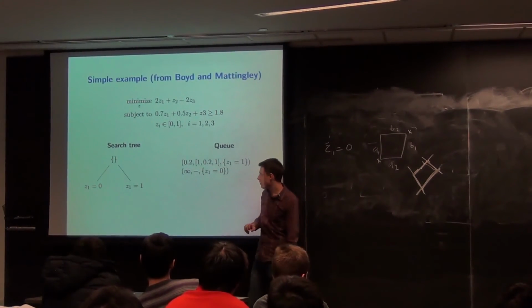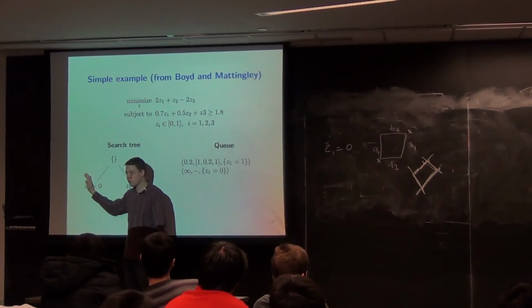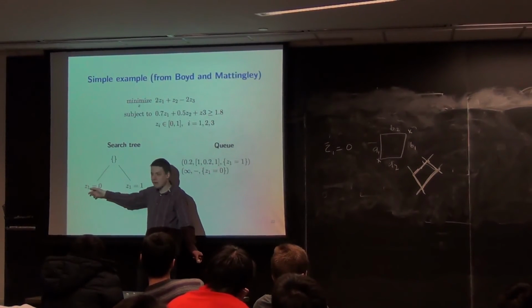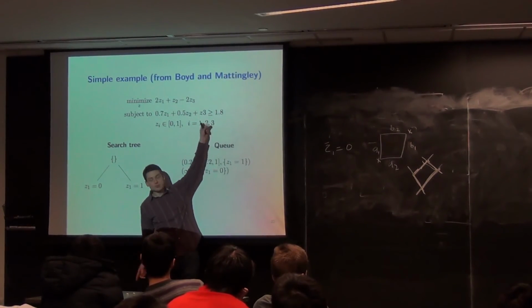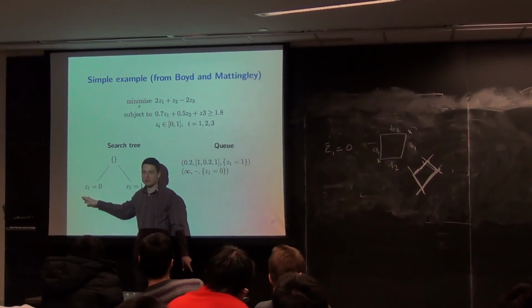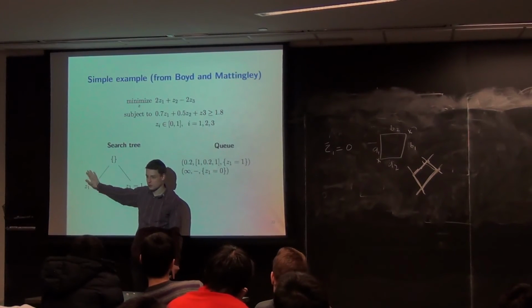At this point there's no need to look any further down here. It doesn't matter what we assign z2 or z3. For this relaxed problem, where we let these be whatever they want, even intermediate values, we can't find a solution. So we won't find one if we constrain them to be integers, and we're just going to ignore this.